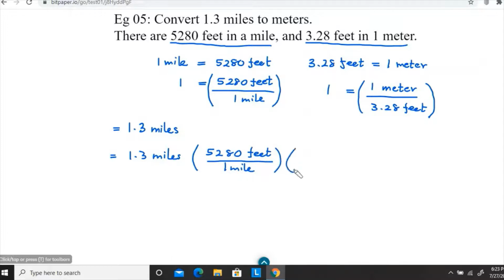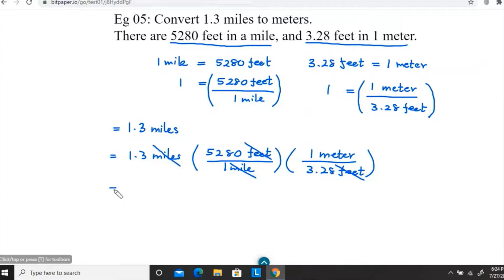And then in the second conversion factor, which is again just 1, I'm converting the feet into meters. Over 3.28 feet. Now you can see the miles in the numerator cancels with the miles in the denominator. The feet in the numerator cancels with the feet in the denominator, and the only unit that I end up with is meters.